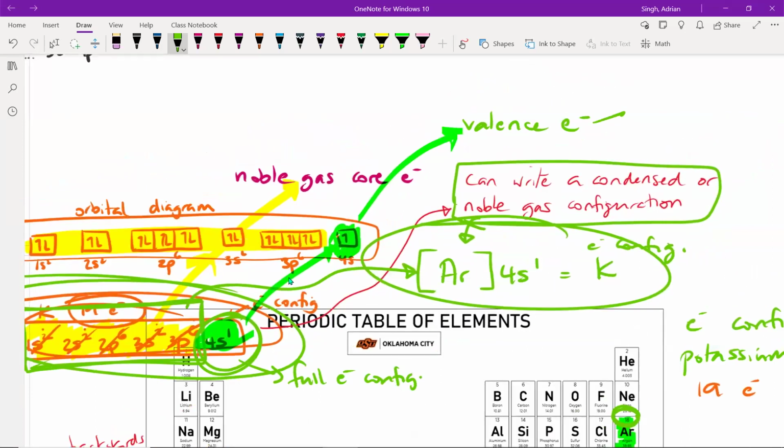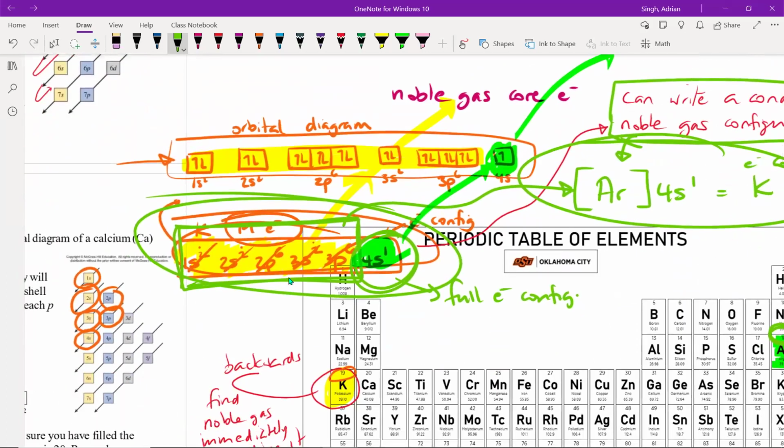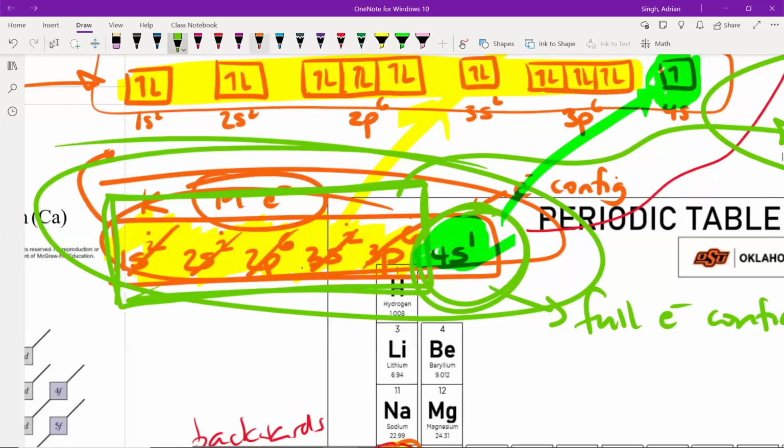So if we look at all the n values in our electron configuration, remember the number at the beginning, that's the n value. So we have n value of 1, n value of 2, n value of 2, n value of 3, n value of 3, n value of 4 over here. That's the highest n value. We have 1 electron in it. We have 1 valence electron. So we can determine it that way.